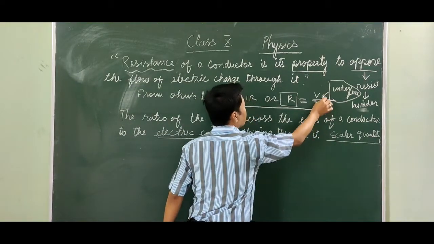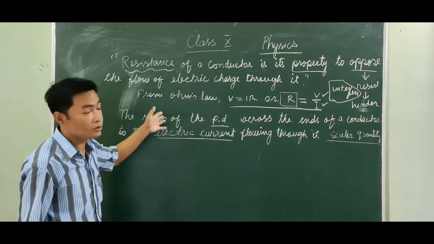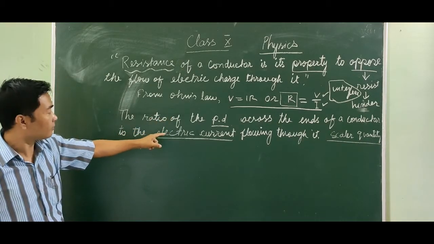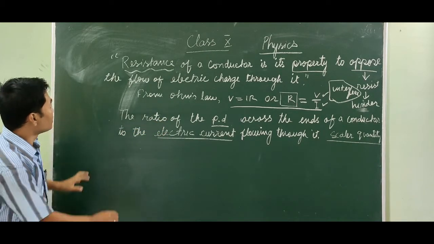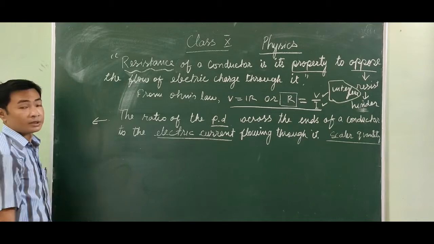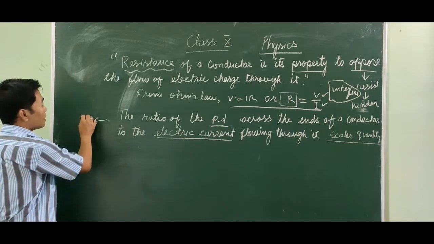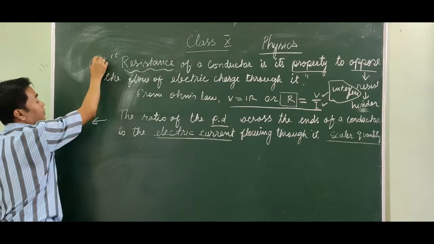So the ratio between the potential difference and the electric current is also known as the resistance of a conductor, okay? You can use these definitions when the question asks you to define resistance or what you mean by resistance.